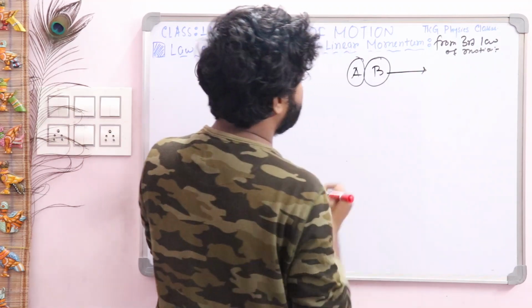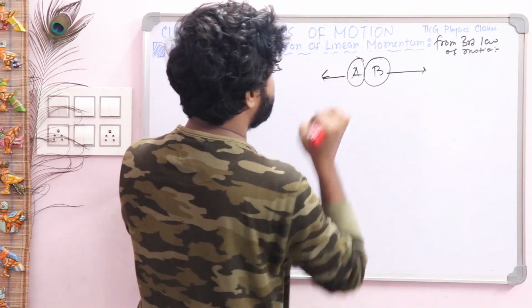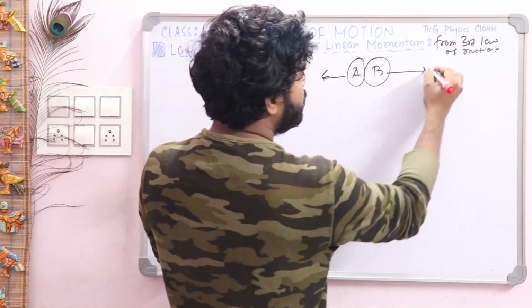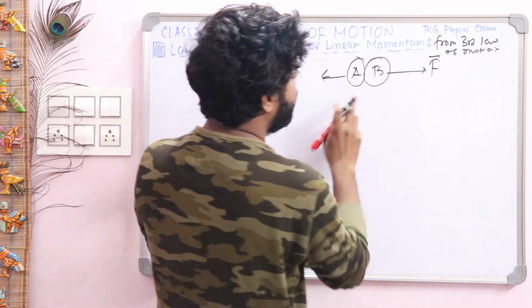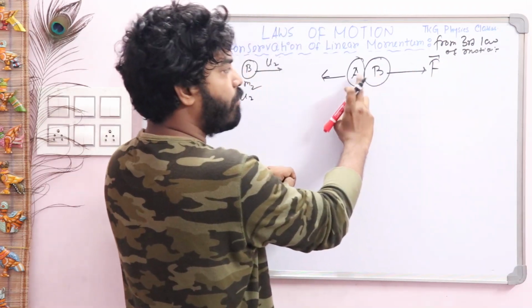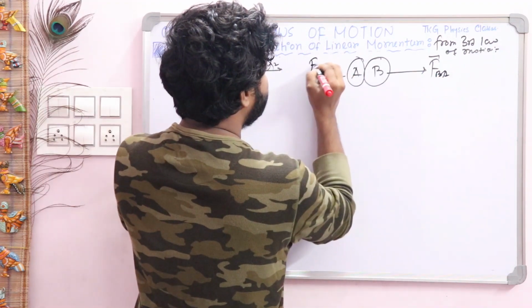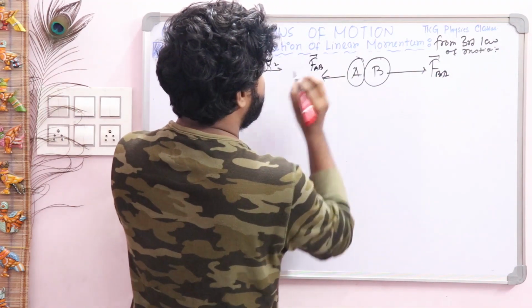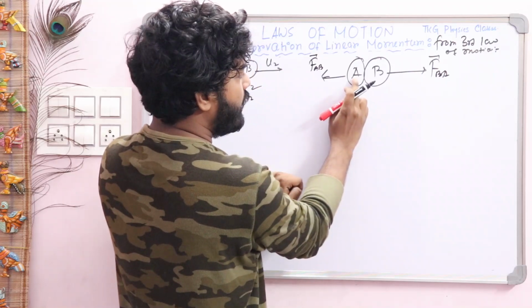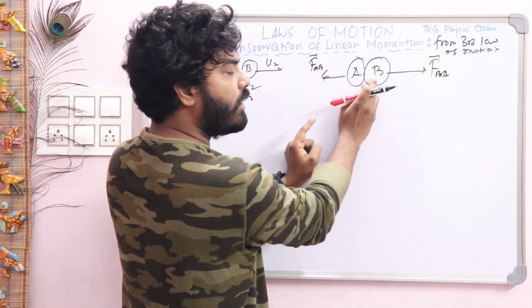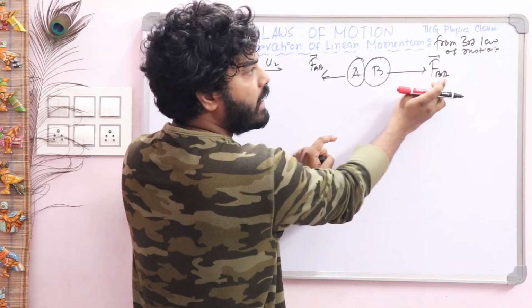In this direction there is a force, and in that direction there is a force. This force is named as F. You see the force on body B by A is named as FBA, and this is named as FAB. During collision, body A exerted a force on body B, which is named as FBA.